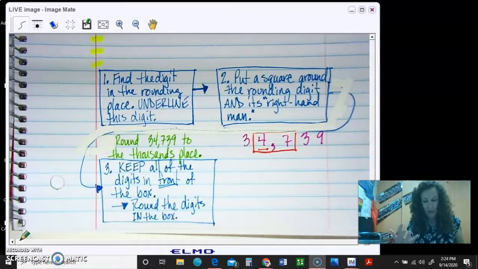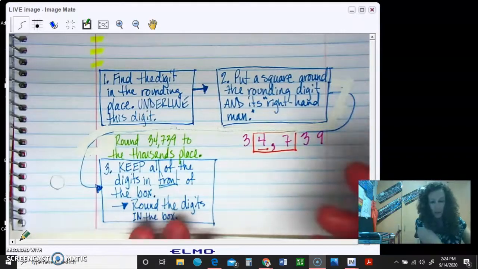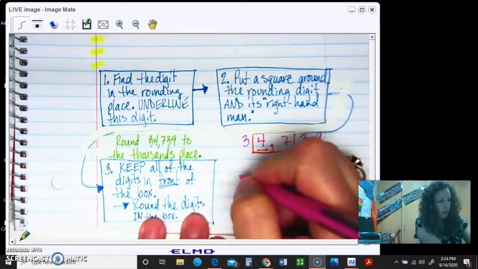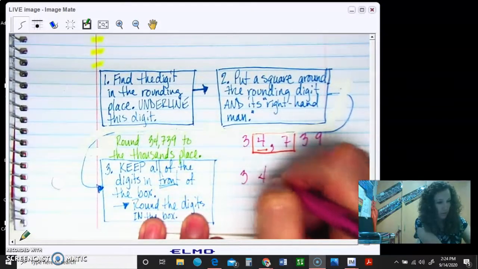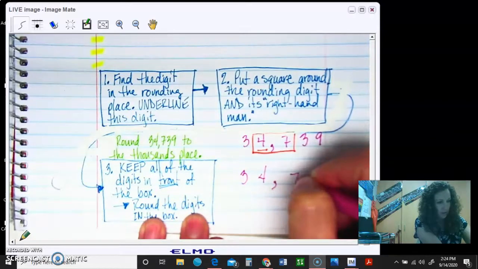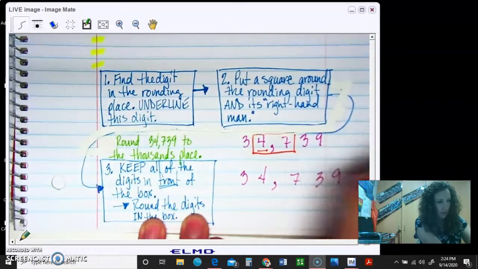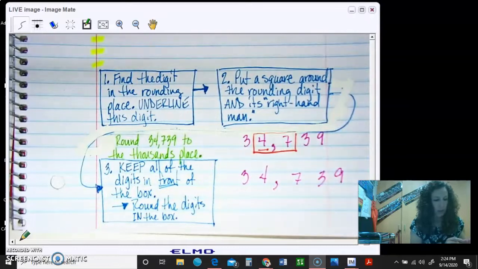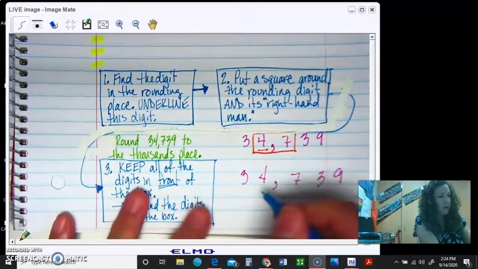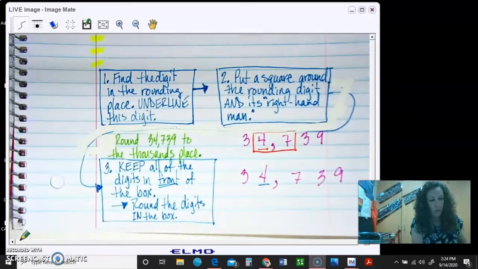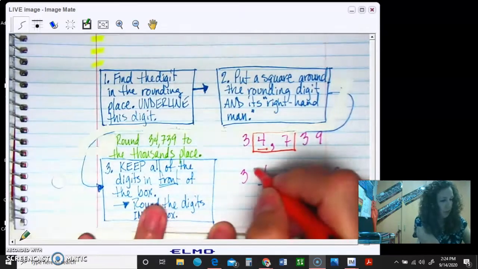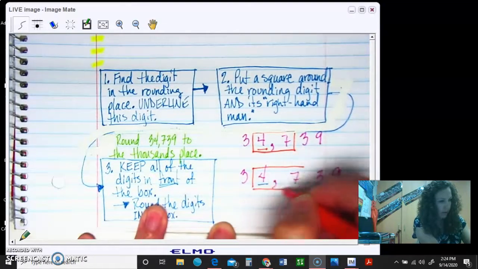So this is what you're going to need to remember. I'm going to write it again so I can write even more information around here. So we're going to have 3, 4, 7, 3, 9. Okay, so again, we are underlining that rounding digit. We are going to box up the rounding digit and its right-hand man.